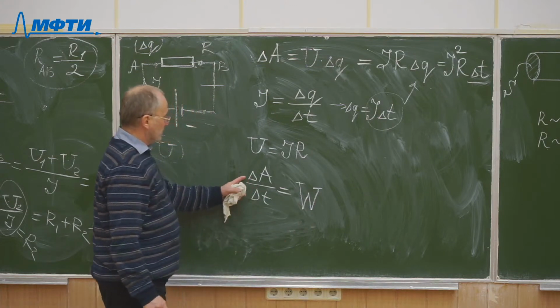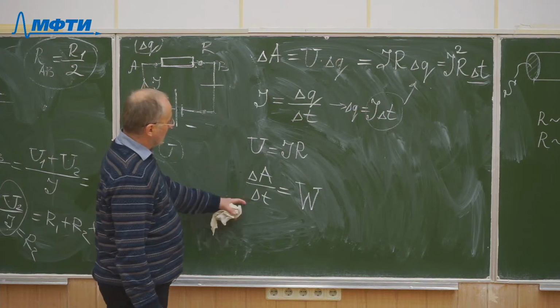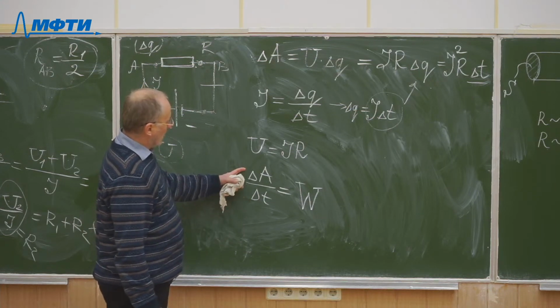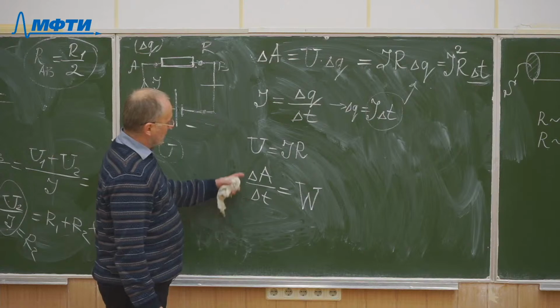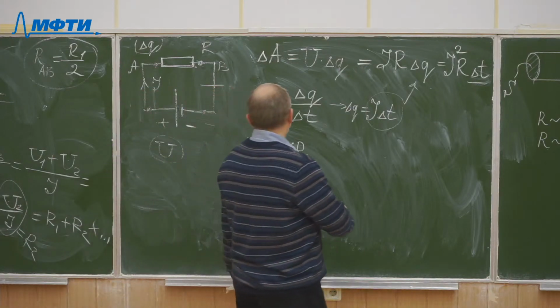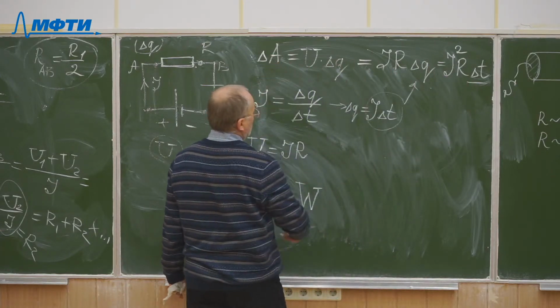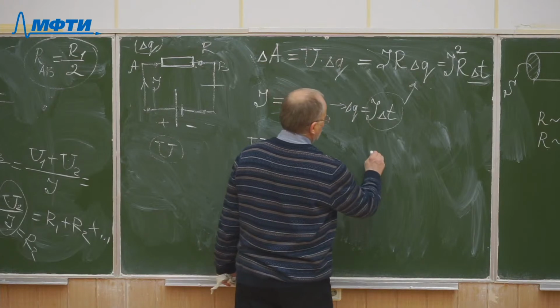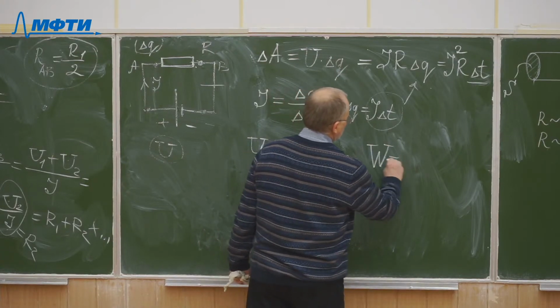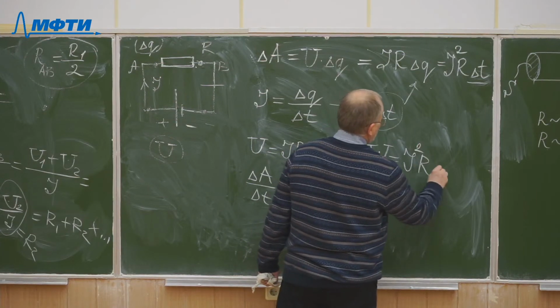If the work is measured in joules and time is measured in seconds, then 1 joule produced in 1 second is 1 watt. And so if we divide by delta t, we will obtain here the power of electric current. The power of electric current will be given as I squared R.